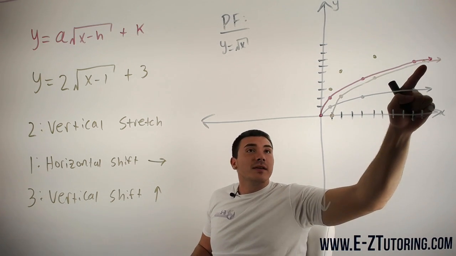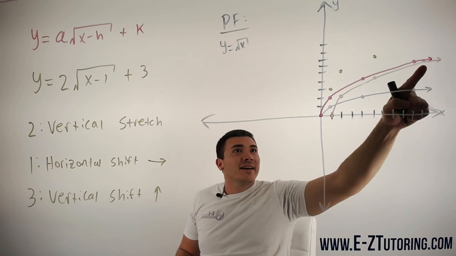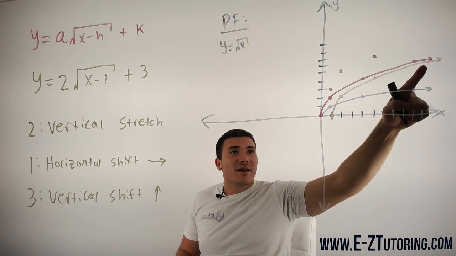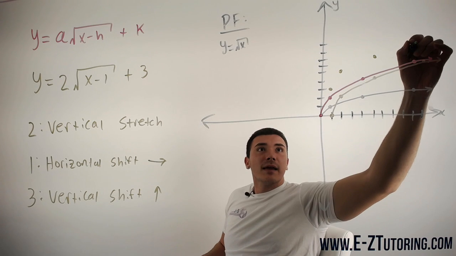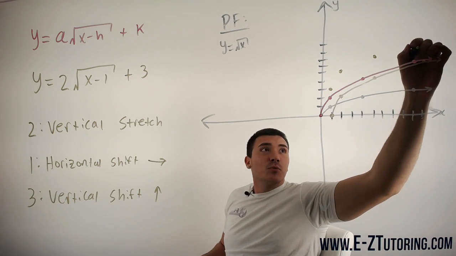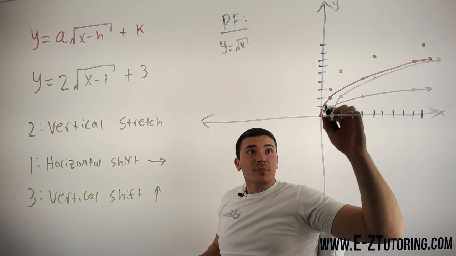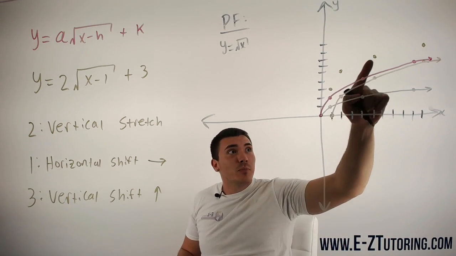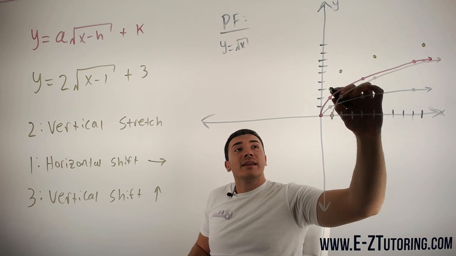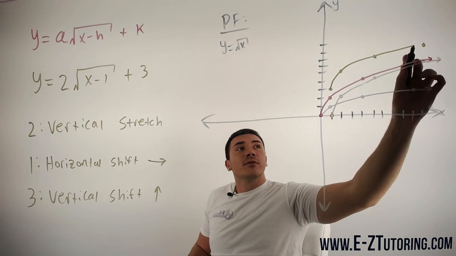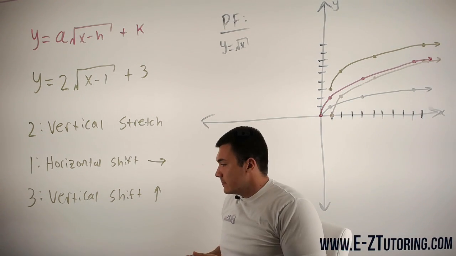And then this one is at, kind of hard to tell since my graph is not really to scale, but I believe it's at 5, which would put it at 8. I'll put it somewhere around here. Anyways, these are our new points. So now all we need to do is connect the new dots, and our final graph will look like this.